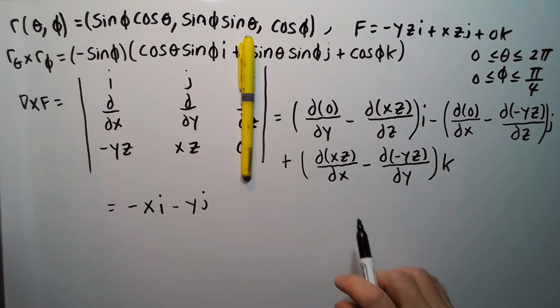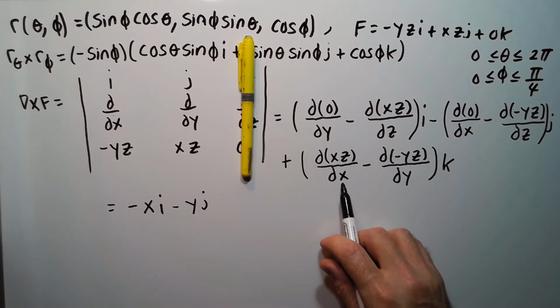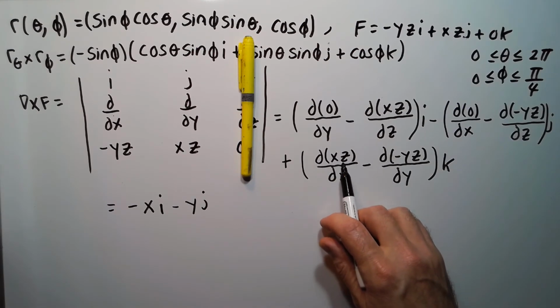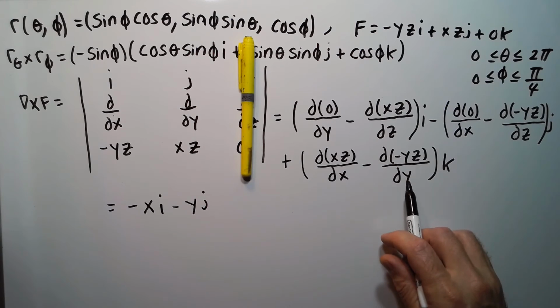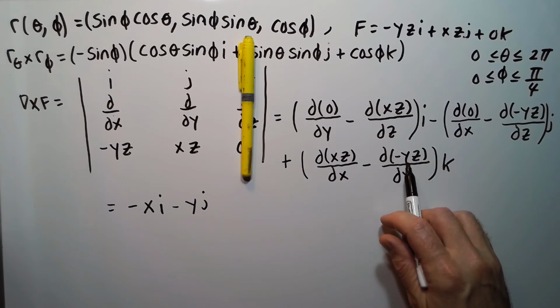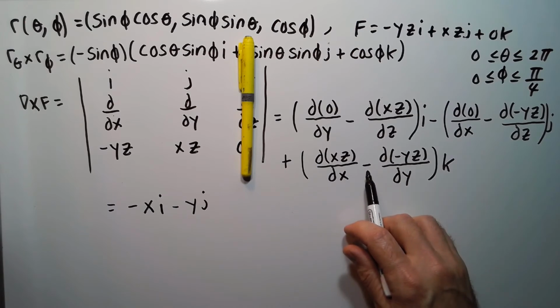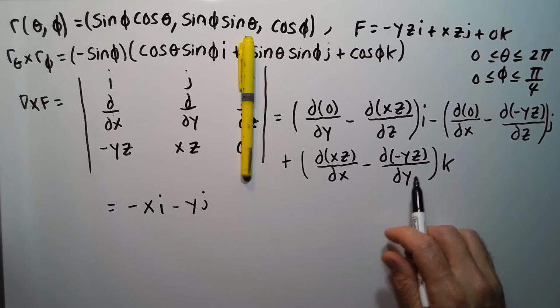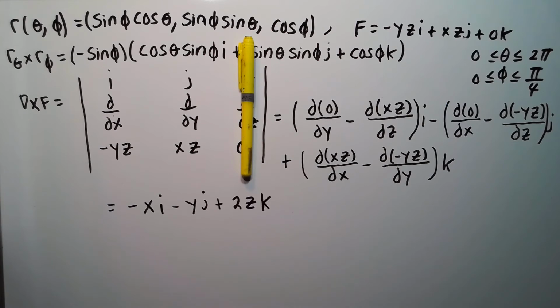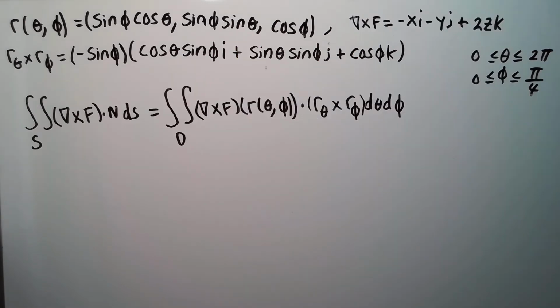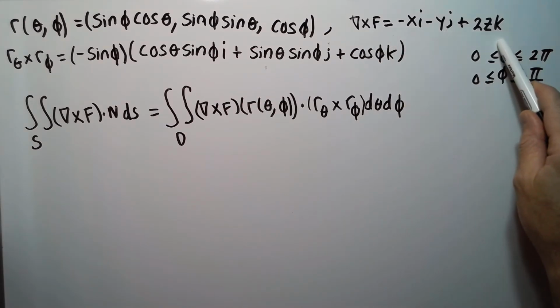And last one, partial derivative with respect to x of xz would be just z, and the derivative with respect to y of this guy would be minus z, but you'll have another minus sign in front, so it's actually going to be 2z when you add those. Okay, so this is our curl right here. Okay, so let's summarize. Okay, so summarizing, I put my curl up here.